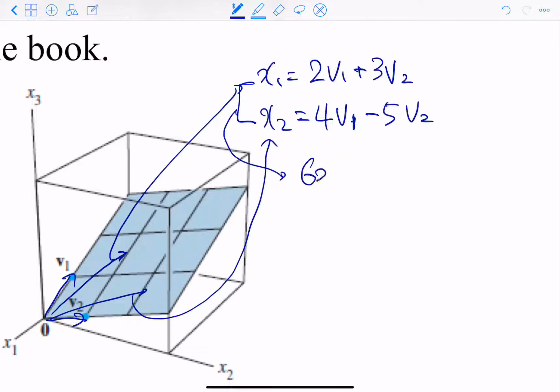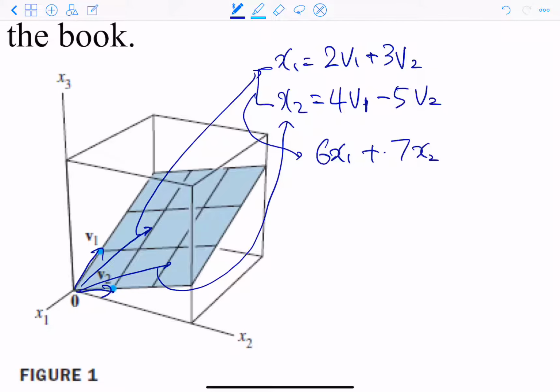Maybe 6x1 plus maybe 7x2. That is one particular linear combination using x1 and x2. And by the way, you can freely choose those linear combination coefficients as well for any numbers. Okay, but this is just one example.